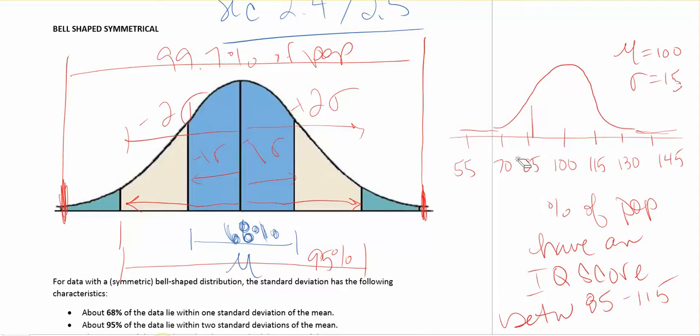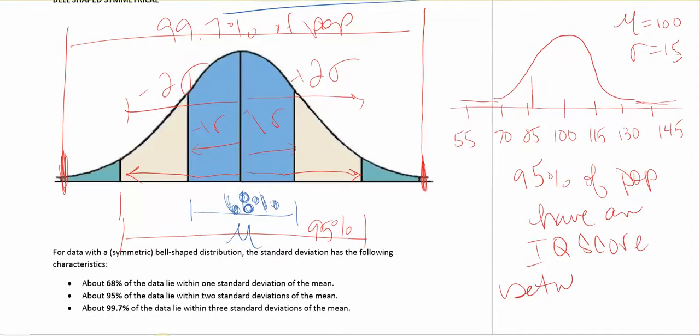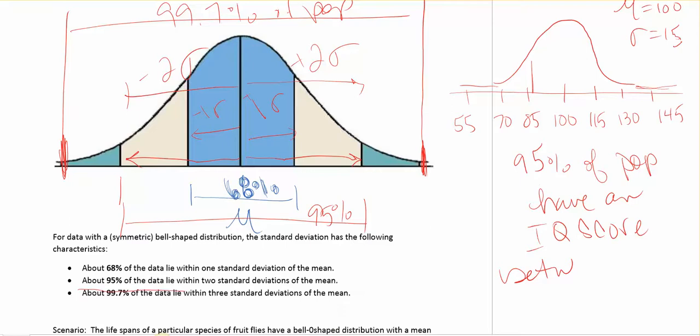So if I want to talk about 95% of the population, 95% of the population have an IQ score between where and where? Well, according to our rule, 95% of the data lies between two standard deviations of the mean. And so I need to go 2 tick marks, 1, 2 this way, and 1, 2 this way. And we're talking about from here to here this time. So between a 70 and a 130.